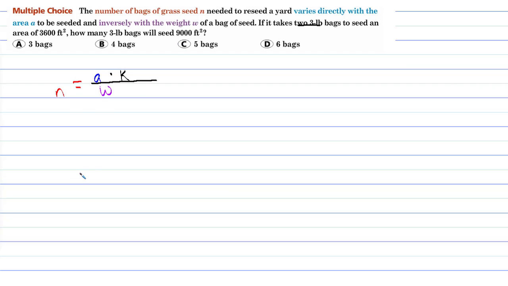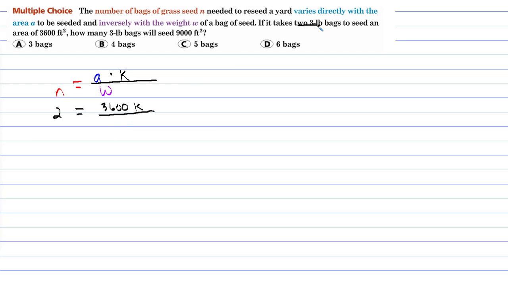And so let's find our bags of seed. N is the number of bags of seed we had, and so we had 2. So 2 is equal to the area, which was 3,600, times our K divided by the weight.